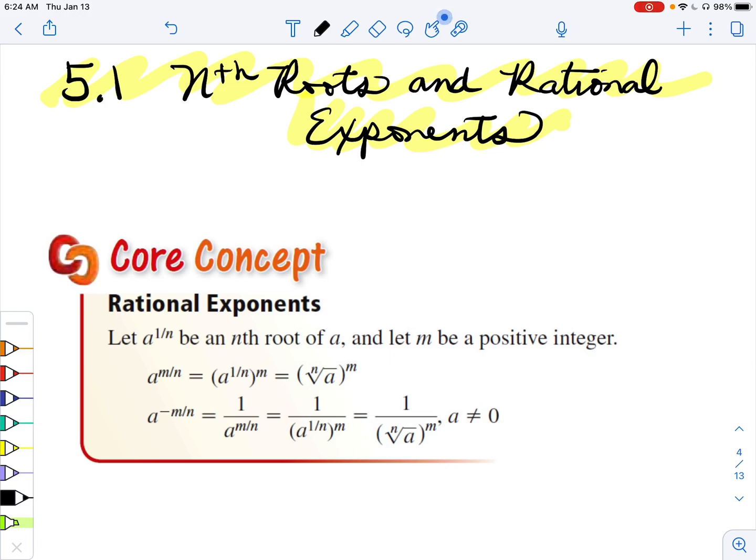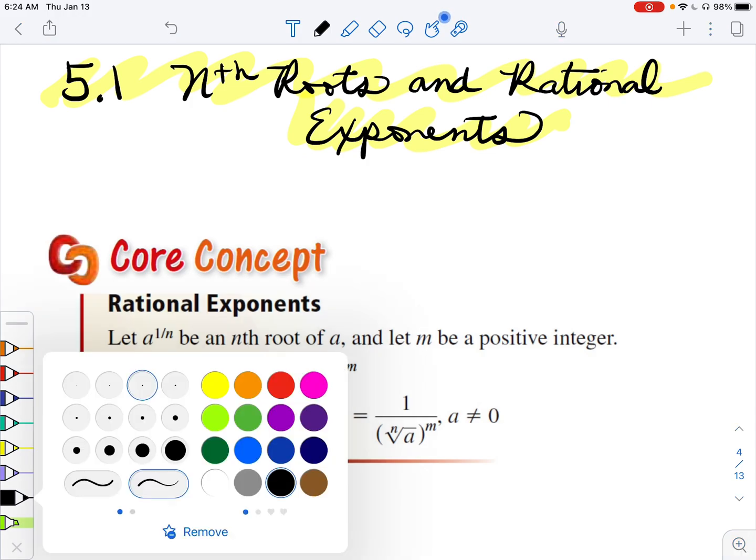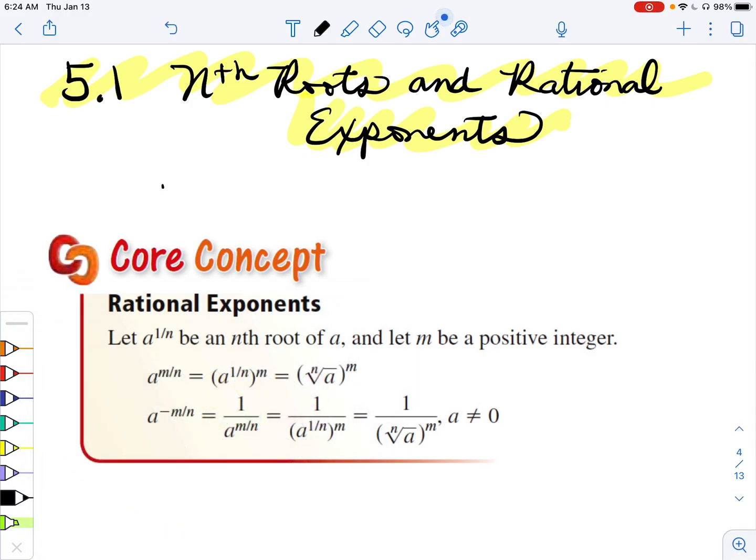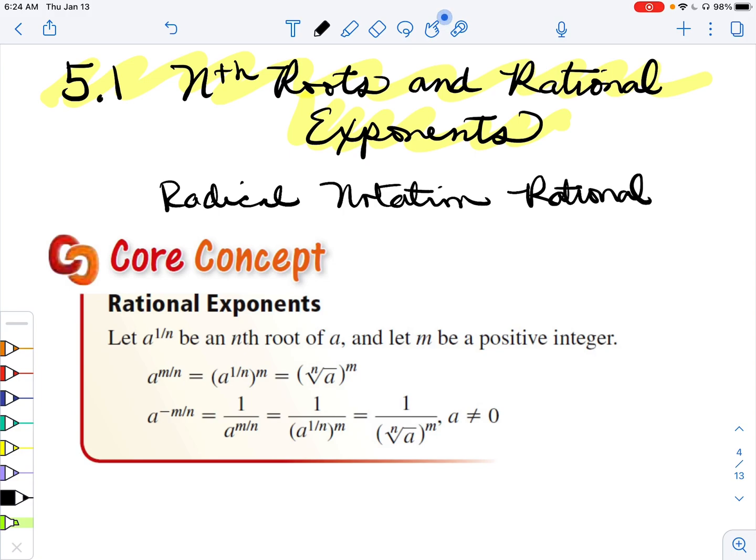This video we're going to be focusing on converting between radical notation and rational exponent notation.